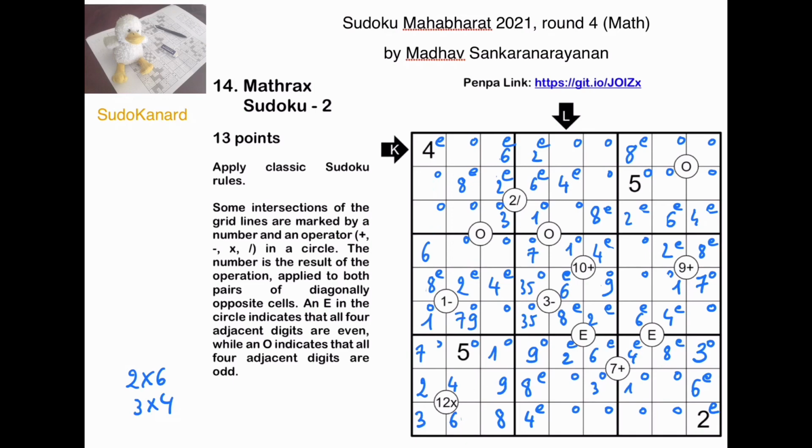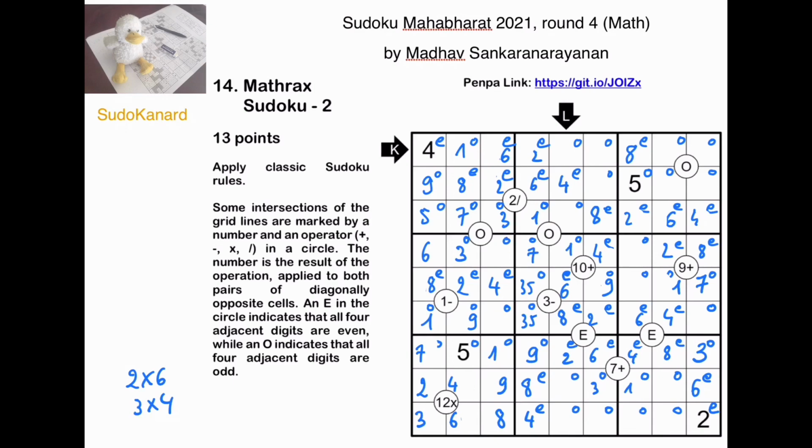Well, yes, I saw the 5, and I wrote a 7. That's typical Sudoku. Now this has to be a 3.